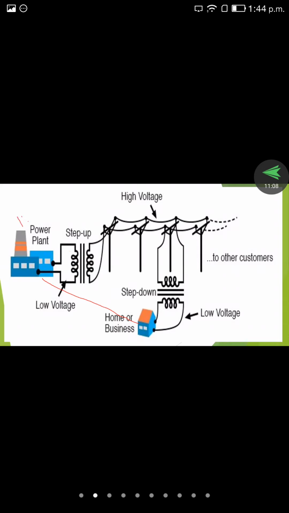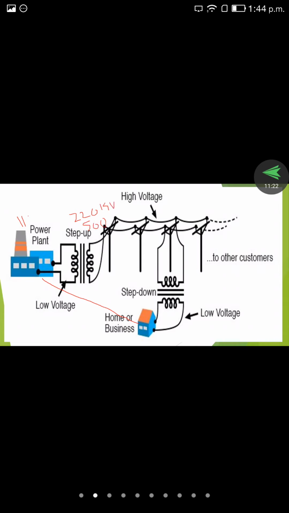Here the 11 kV is stepped up in different manners, to 220 kV or 500 kV. In these ranges the voltage can be stepped up. Basically it produces only 11 kV, but it is stepped up to 220 kV and 500 kV.